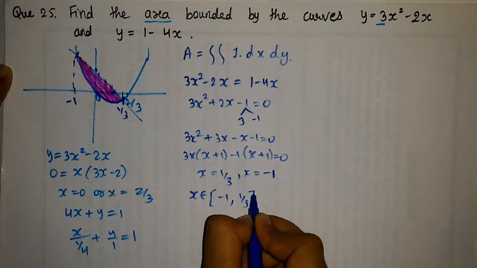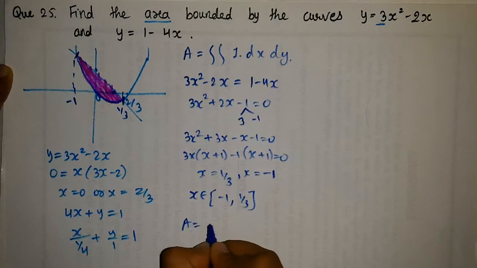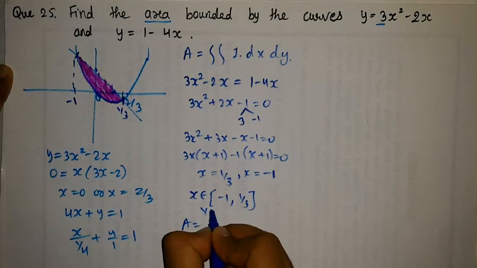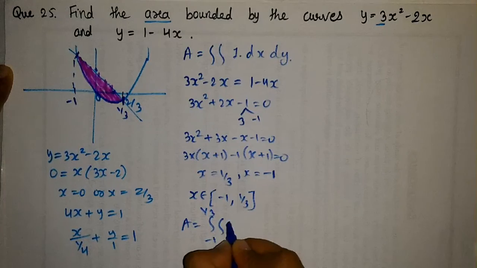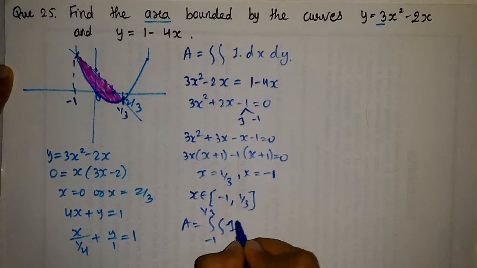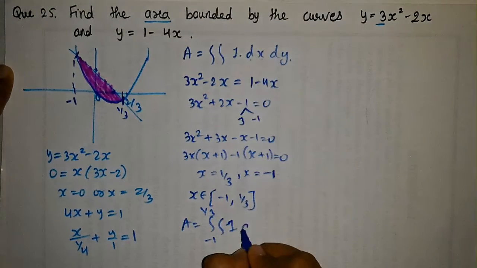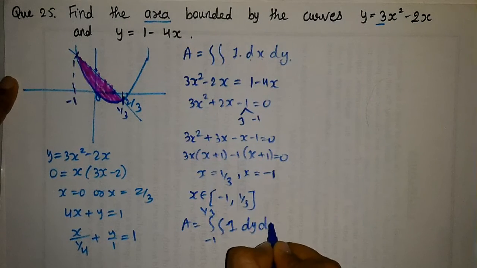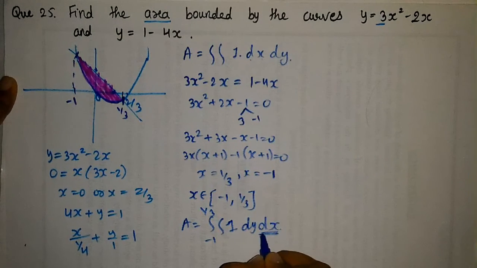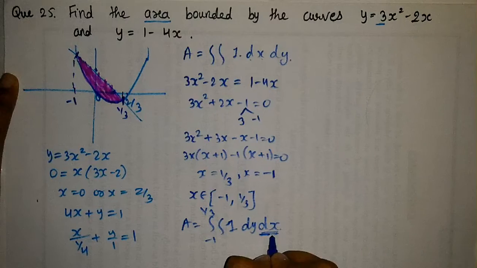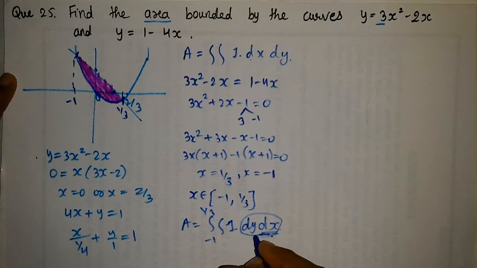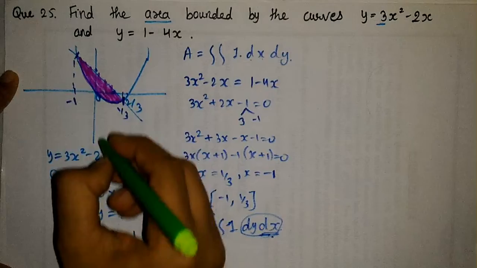So we have found the constant limits. Area is equal to integration from minus 1 to 1 by 3 into 1 into, now since we have taken dx limits constant, we will write first dy then dx. Whenever it's dy dx, we draw the vertical line. I have taught this concept in my video on how to find area, part 2.